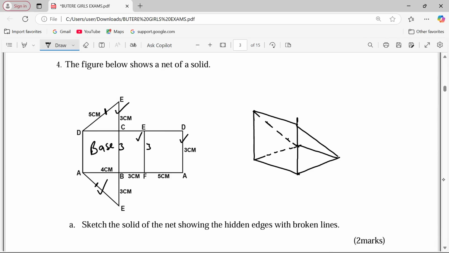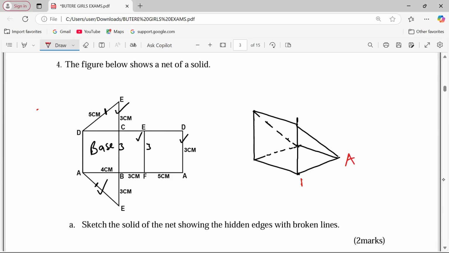So now I'm having the face here, which I may call the base. Let me label it very well. So the upright side is going to be BF. Because this line is part of the base, remember the base is A, B, C, D. Let me show you the labeling.